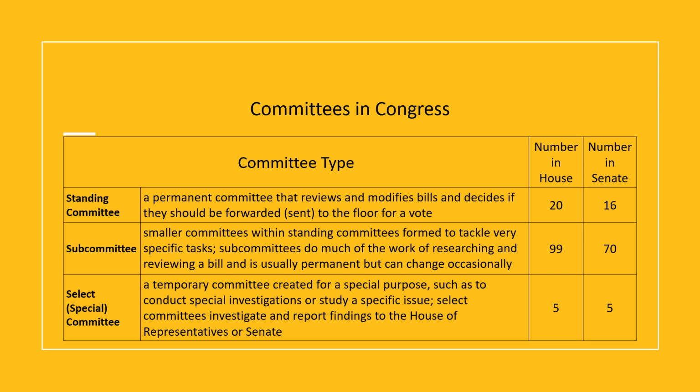And a select committee is a temporary committee set up for a special purpose. So sometimes we call these select committees, sometimes we call them special committees. And these are committees that may grow into standing committees if the purpose for which they've been formed is then viewed as having more long-term national impact and need.